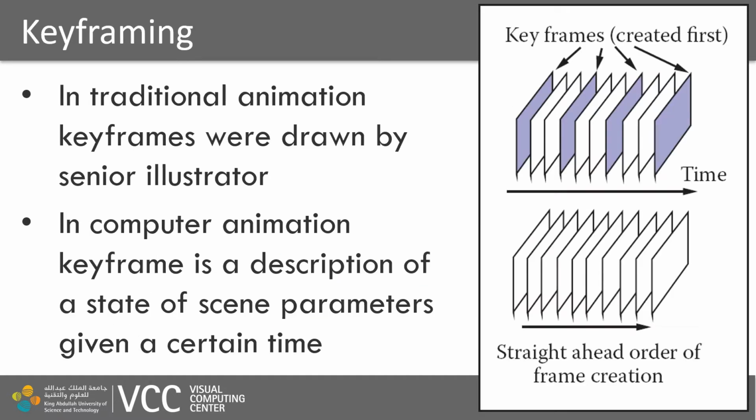So let's start with keyframing. You can see that a sequence of a typical movie would be a set of frames. However, you would like to define some frames which are somehow more important, which are related to the storyboard which has been created before the animation sequence has been fully drawn.